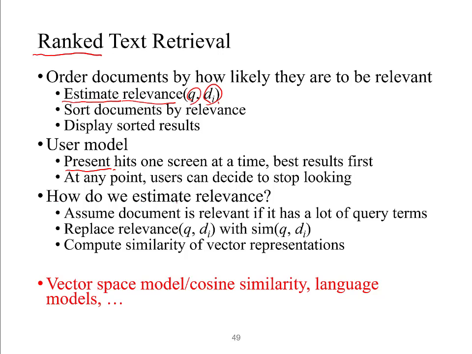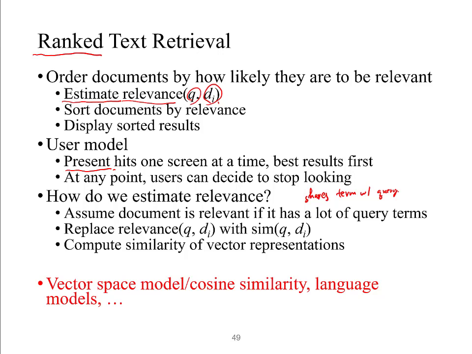So how do we estimate the relevance? We assume that the document is relevant if it has a lot of query terms, or say it shares a lot of terms with the query.